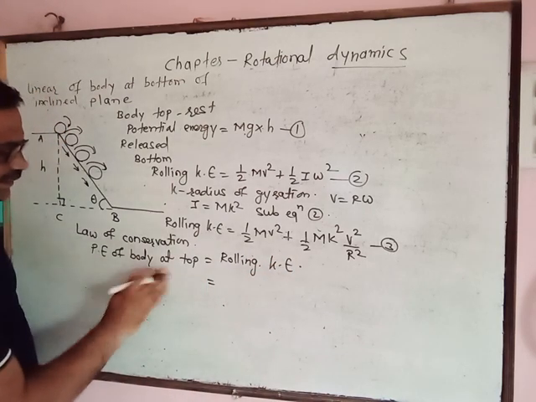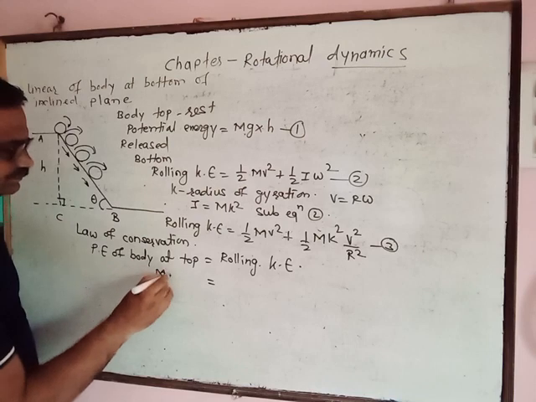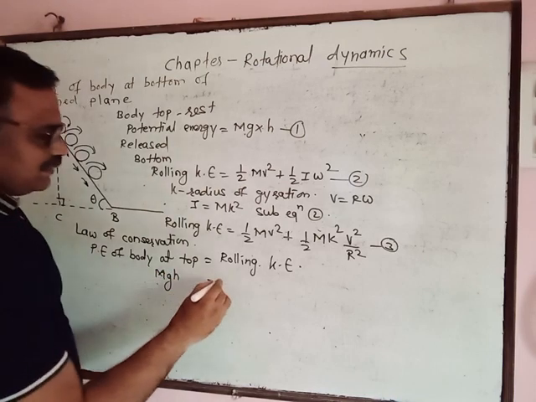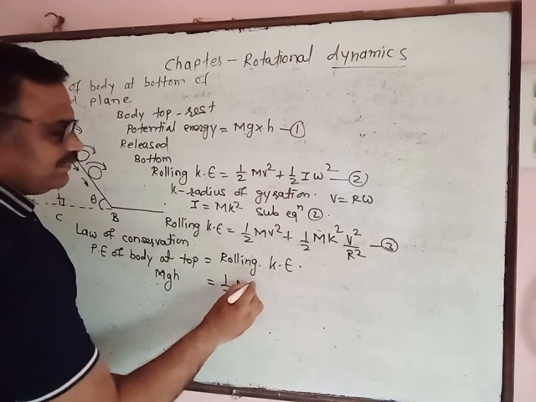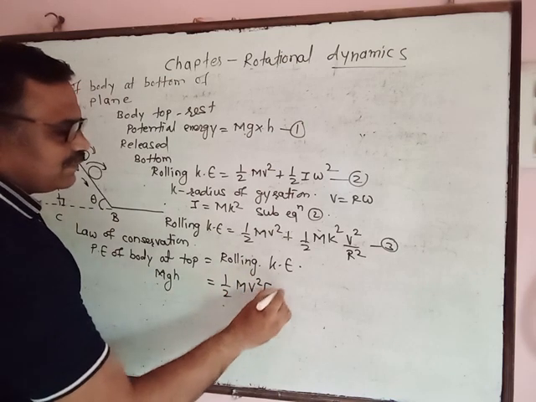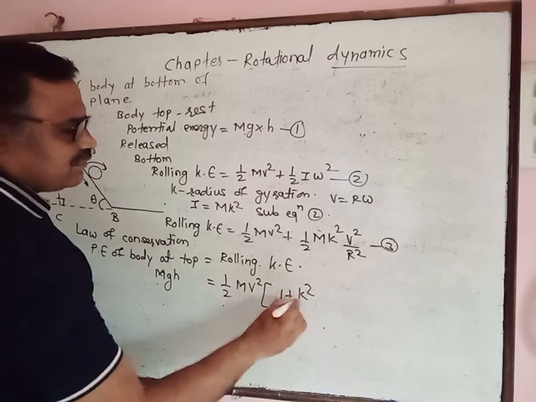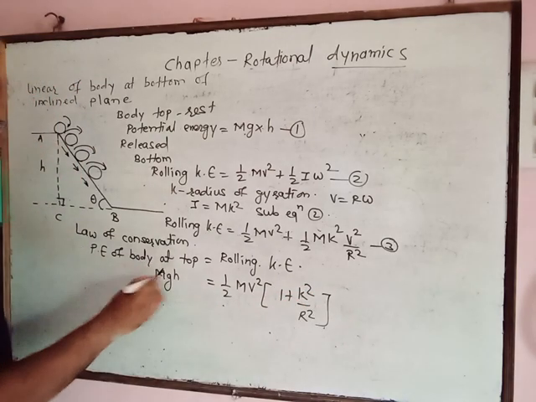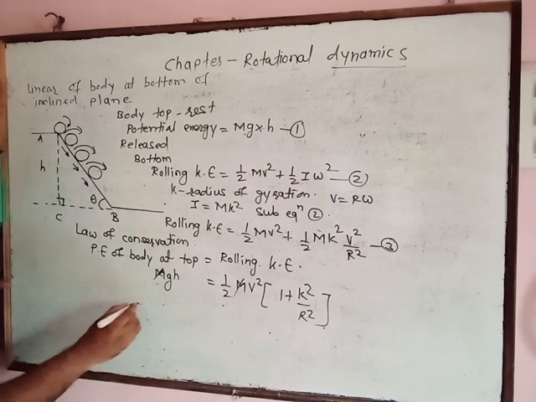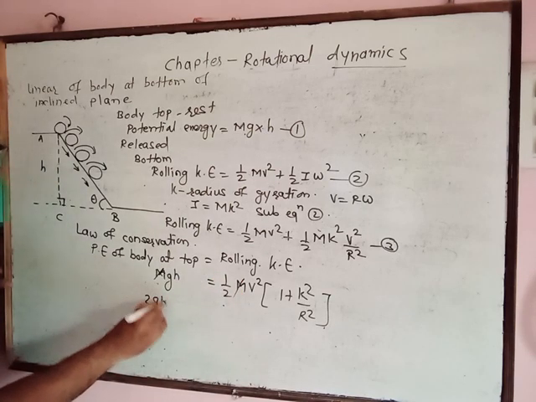Hence, we write mgh equal to 1 by 2 mv square, with m and v square taken common, times 1 plus k square upon r square. Hence m gets cancelled and we get 2 times g into h.